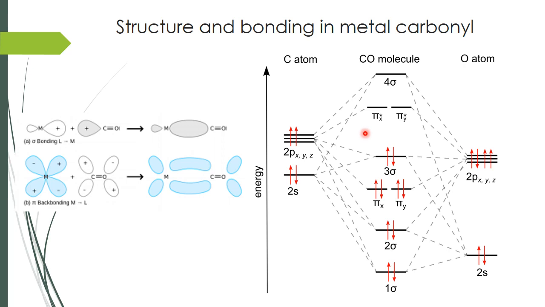Then the bond order is equal to half into Nb minus Na. Nb means the number of electrons present in the bonding molecular orbitals, minus Na, the number of electrons present in the anti-bonding molecular orbitals. So as the number of electrons in these levels increases, it will obviously cancel the bond order between the carbon and the oxygen.